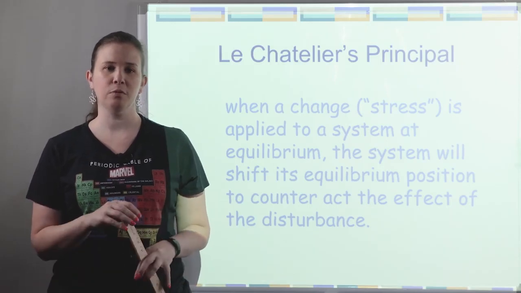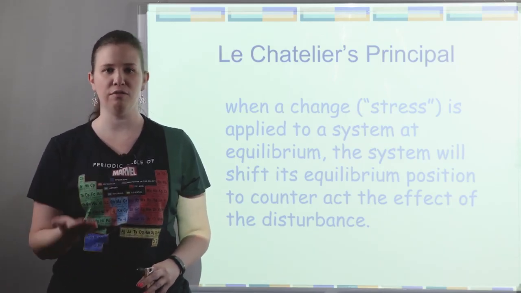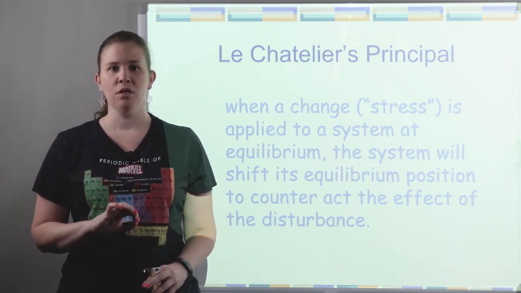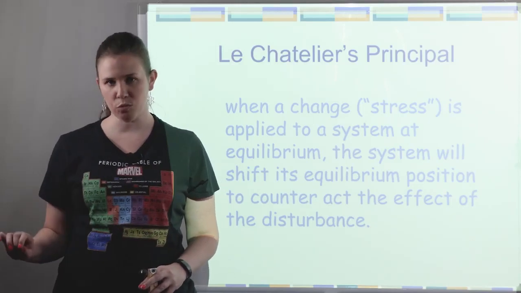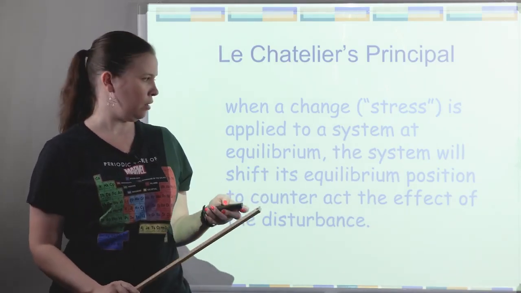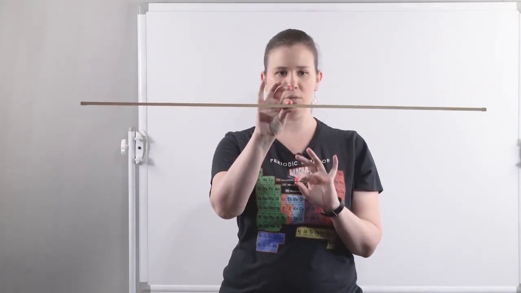So Le Chatelier's principle basically says that the reaction is going to try to undo the effect of any stress. Whenever there's a disturbance in the system, the system will counteract that specific disturbance. So let me give you a non-chemistry demo for a second. Say my ruler or yardstick here is at equilibrium.